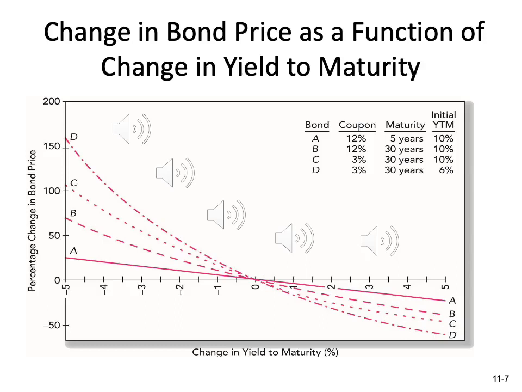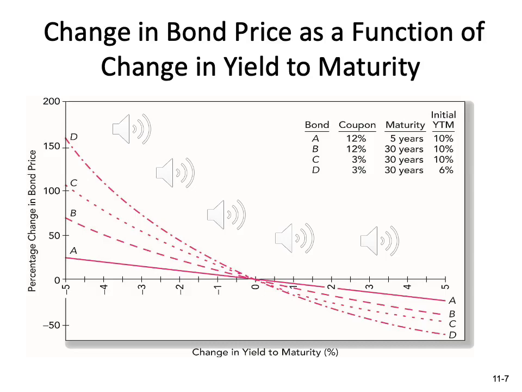So the last year's cash flow will account for a relatively small percentage of the total cash flows you receive. So bond C will be more sensitive because your biggest cash payment will be in the last year, and the farther in the timeline, the more sensitive the bond price to the percentage change in the yield.